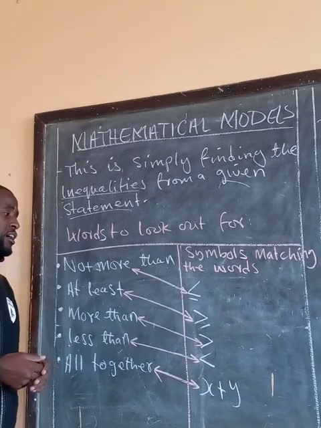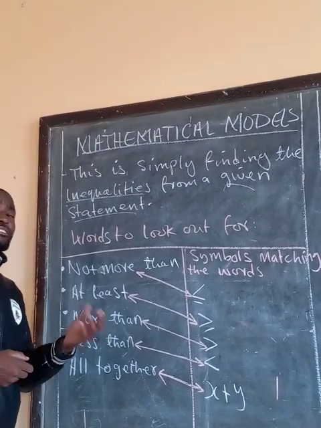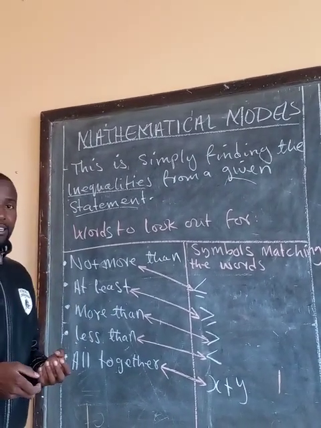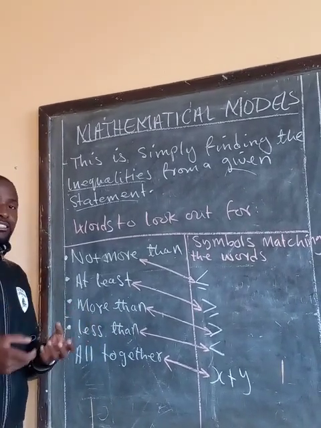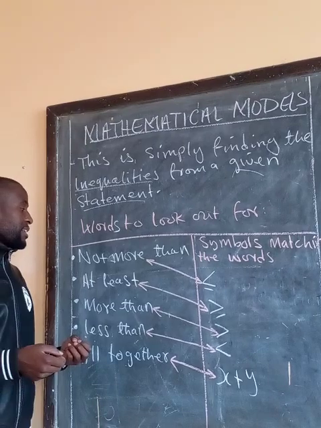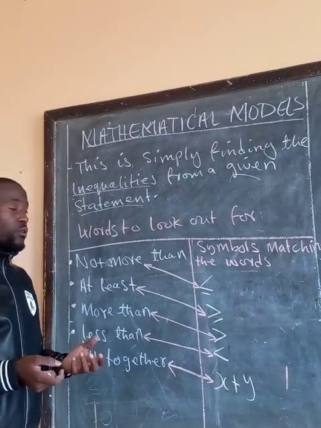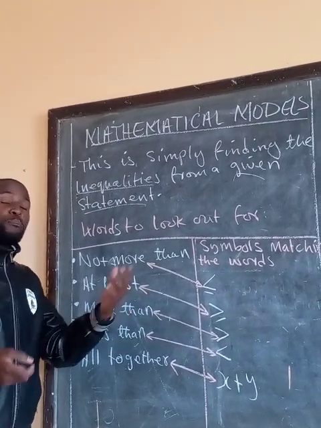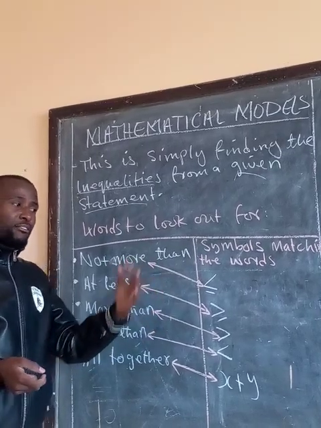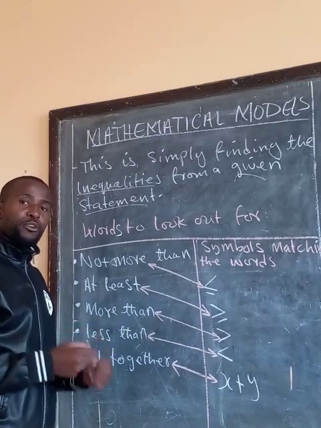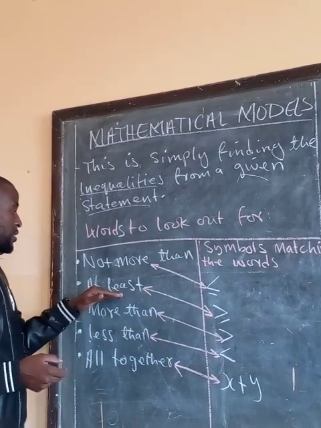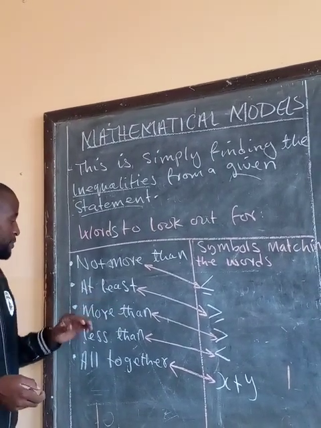You have heard in the news where they say at least 50 people have died in a car accident. It doesn't mean that it is a nice thing. It simply means that more people have died, but they have only recovered about 50, and there are more, or they might be equal to 50.